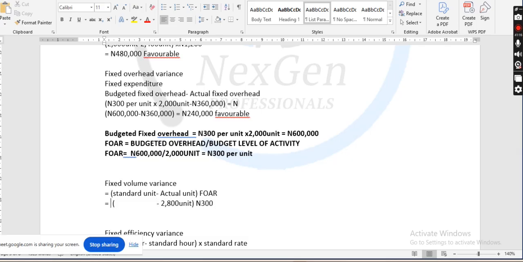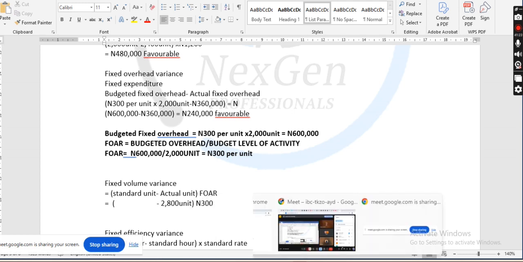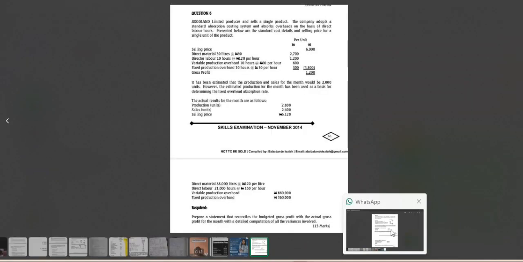So what is the standard unit? Class, what is the standard? Quickly. Standard is 2,000 units.